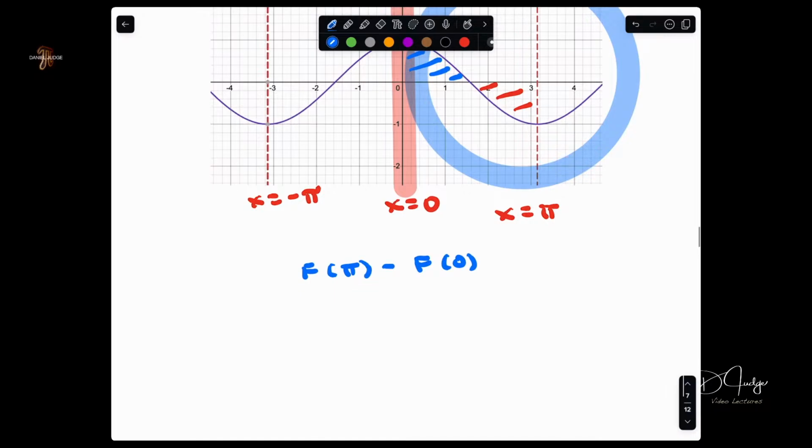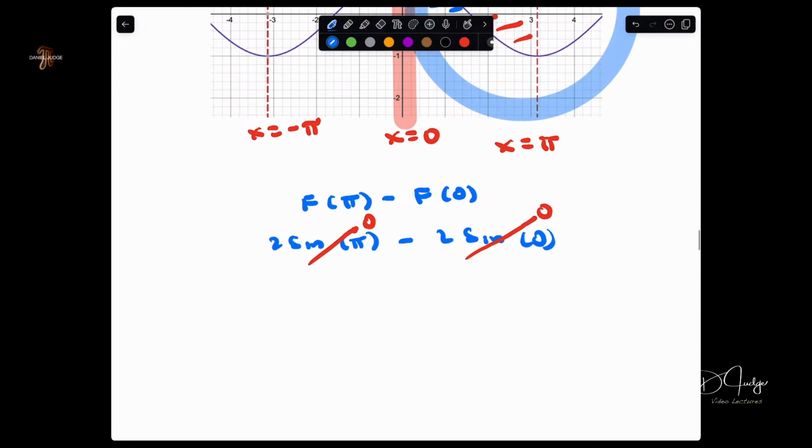So 2 sine pi minus 2 sine of 0. Let's make sure we can see pi here. Sine pi we know is 0, and sine 0 is 0. So it looks like we get 2 times 0 minus 2 times 0. 0 minus 0. The answer here is just 0.